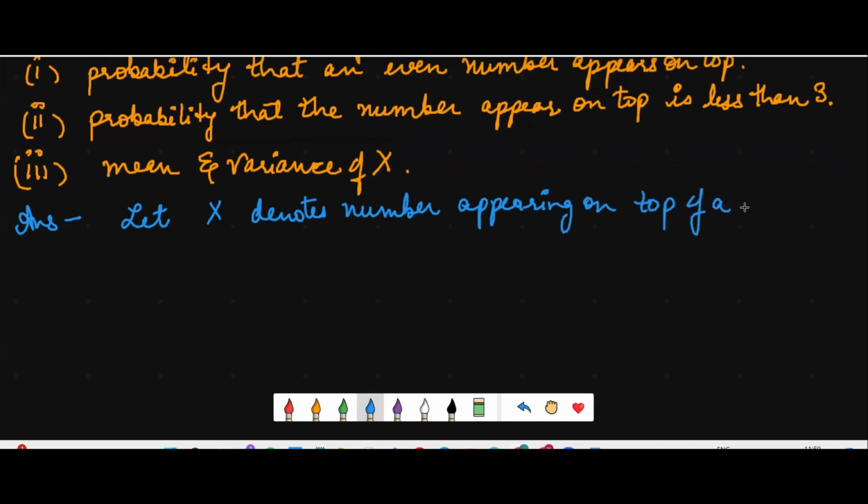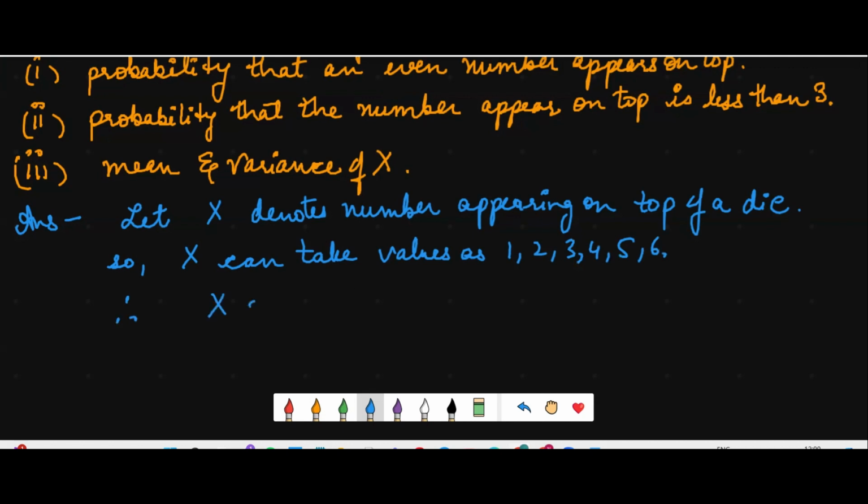So that's our discrete random variable. So X can take the values 1, 2, 3 up till 6. Therefore, X is nothing but a uniform distribution where your capital N is 6.